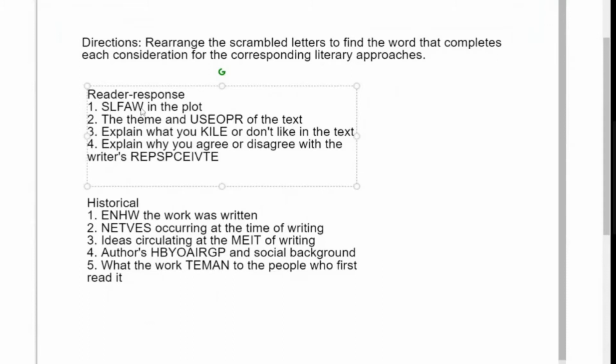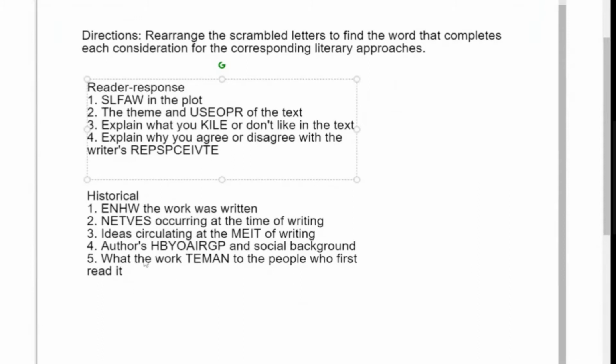Those that are scrambled are also written in capital letters so you can identify them. This is number one, SLFAW in the plot. Number two, the theme and USEOPR of the text. Number three, explain what you, KILE, or don't like in the text. Number four, explain why you agree or disagree with the writer's REPSPCEIVTE.